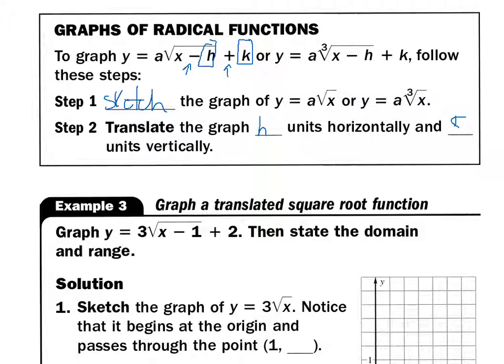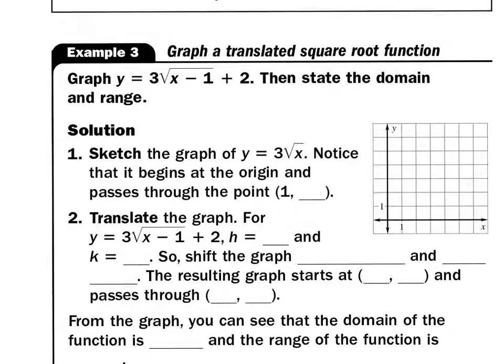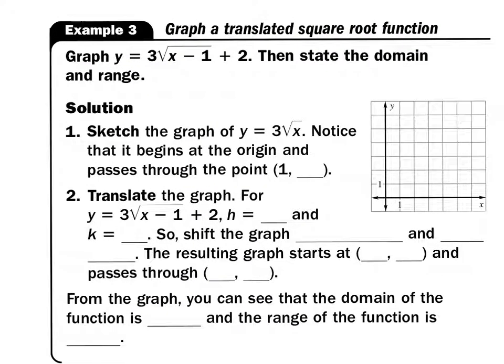So let's look at how to do this on example 3. Okay, sketch the graph of y equals 3 times the square root of x. Okay, so if I have 0 in for x, it starts at 0.